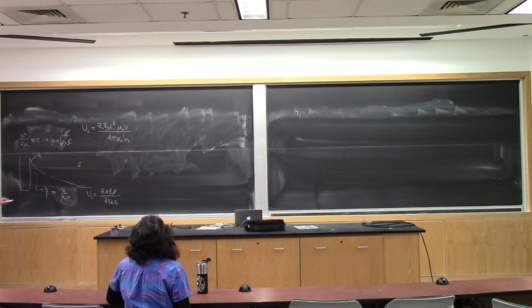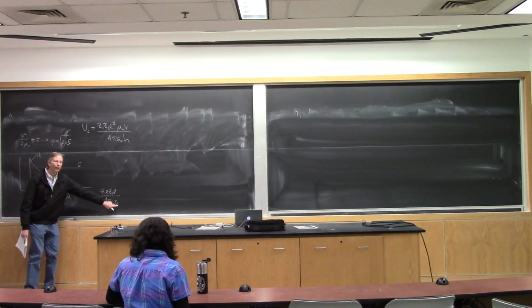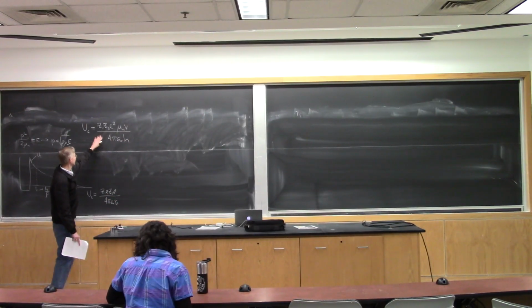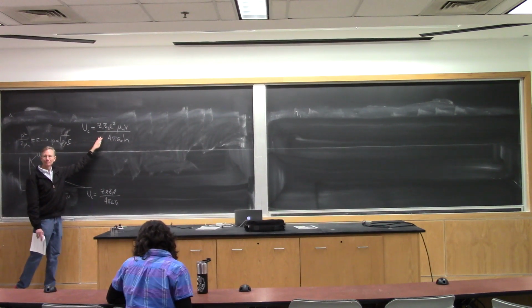So I put in h over mu sub m v for r classical, which puts mu m v on the top and h on the bottom. So that's where this is coming from.